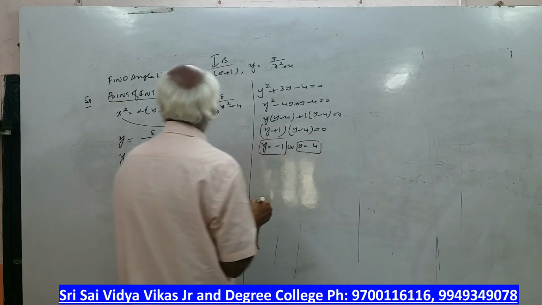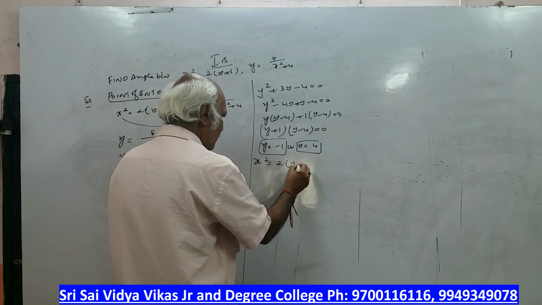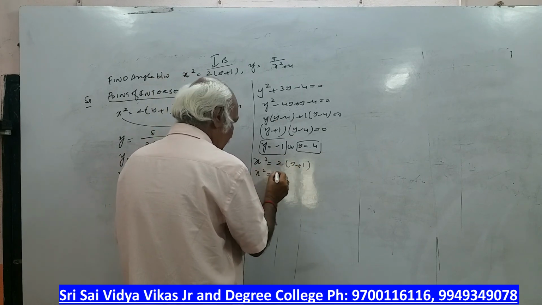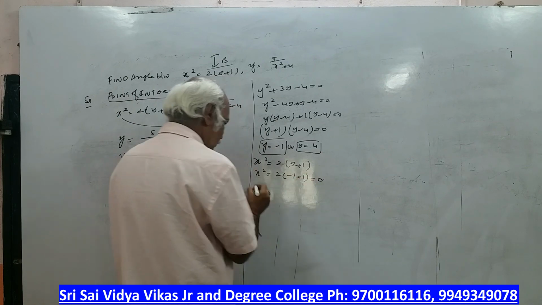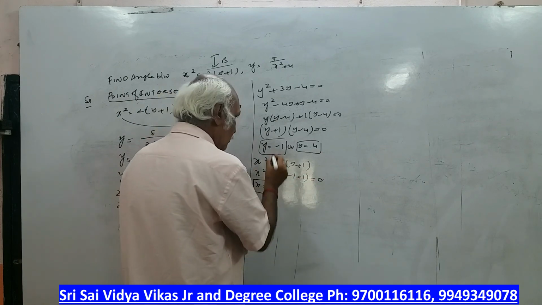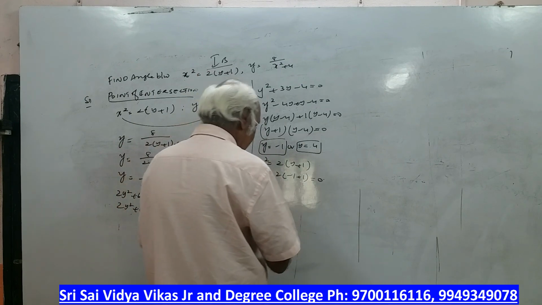Okay, y value is minus 4 or 1. So for y is equal to minus 1, x square is equal to 2 into minus 1 plus 1, which is 0. So x is equal to 0. So what is the P point? 0 comma minus 1.